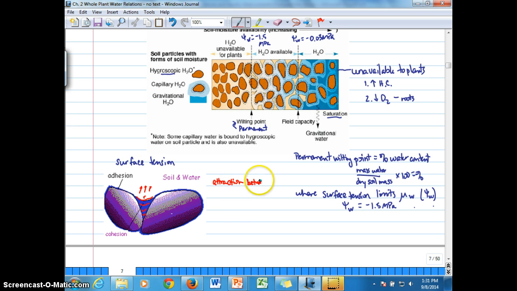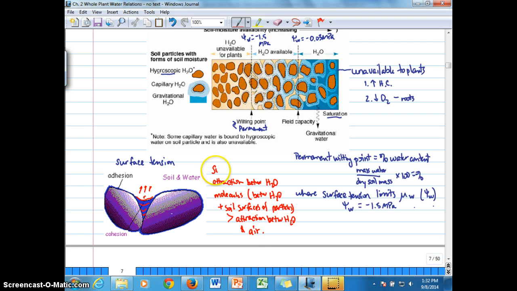So surface tension in water is when the attraction between water molecules, or between water and soil particles or soil surfaces, is greater than the attraction between water molecules and air.